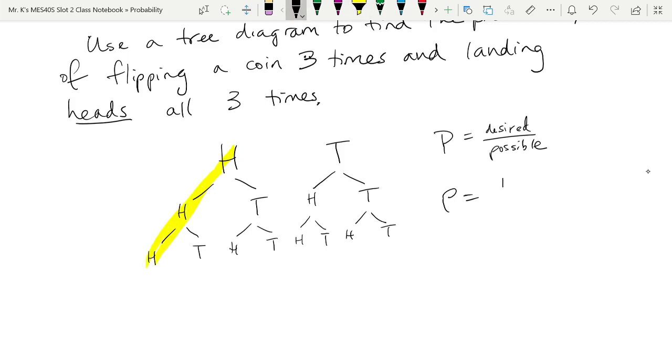One desired thing. How many possible outcomes were there? 1, 2, 3, 4, 5, 6, 7, 8. 1 out of 8 is my answer. That's all we expect you to be able to do in this course, is do a tree diagram and count.